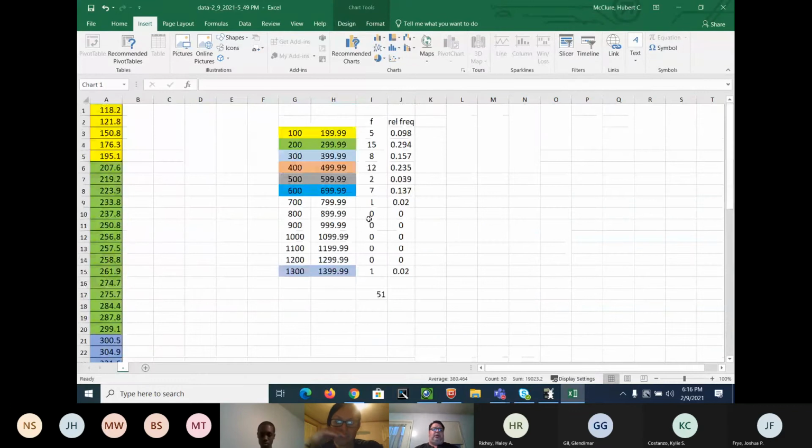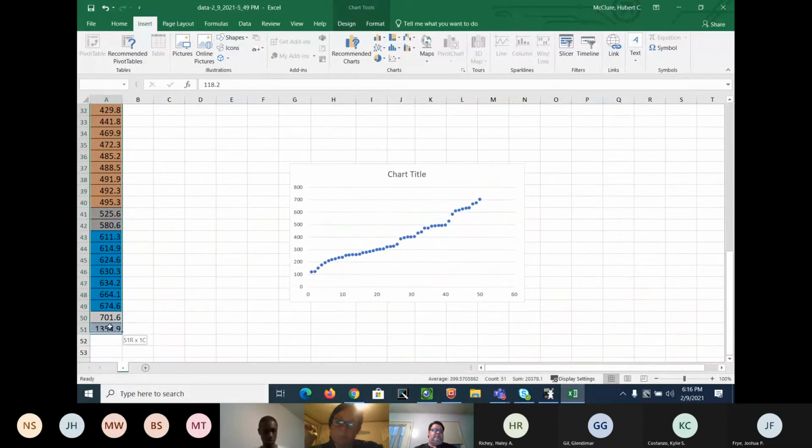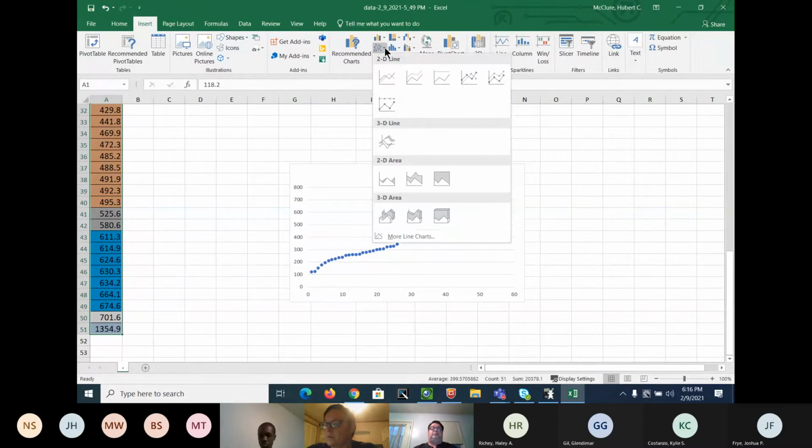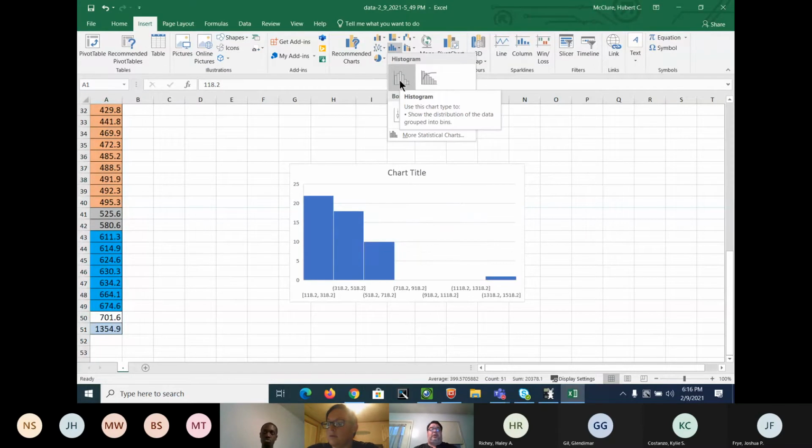Okay, let me go back and highlight the data again. And insert. And if I do a bar chart, it's not going to do it right.